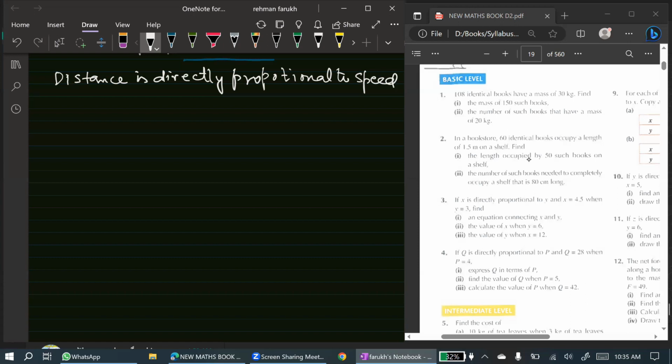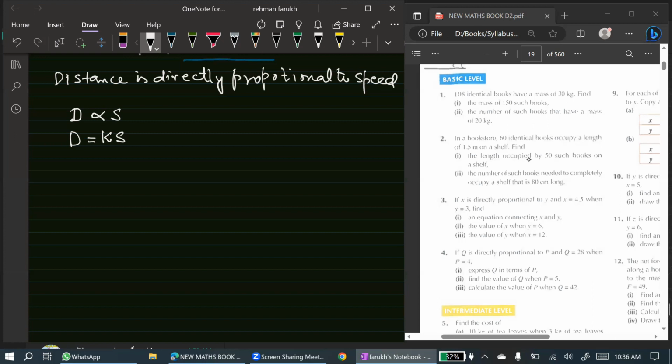Now, mathematically, we will write distance proportional, this is the sign of proportionality, to speed. And if we want to convert this into an equation, then we will write D is equal to Ks.